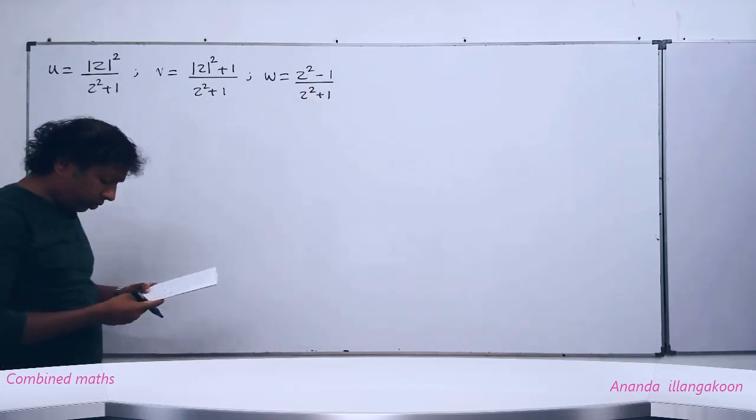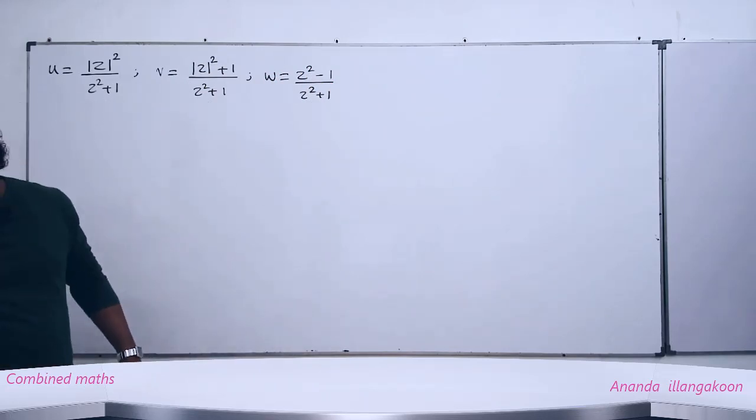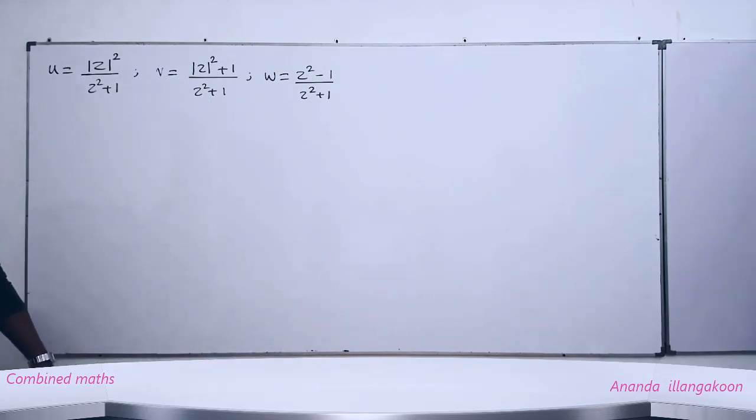This way you are given, with z not equal to plus or minus i. Now it asks us to prove that u equals this answer, v equals this answer, and w equals this answer.